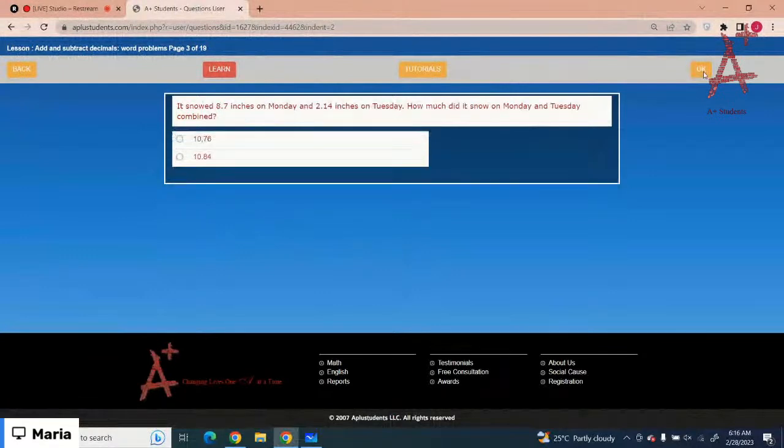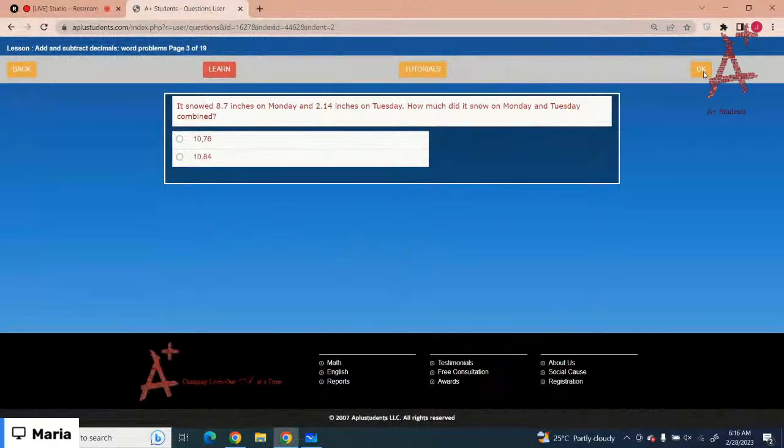Okay, the next one. It snowed 8.7 inches on Monday and 2.14 inches on Tuesday. How much did it snow on Monday and Tuesday combined? So you have to add them, because you have to calculate how much it snowed together on Monday and Tuesday. Got it?